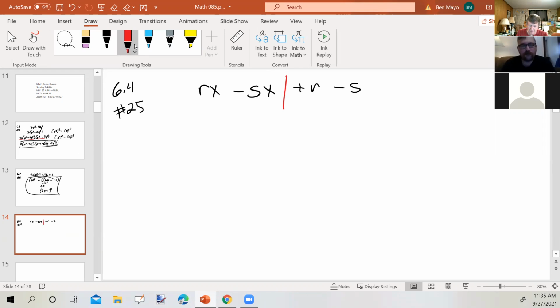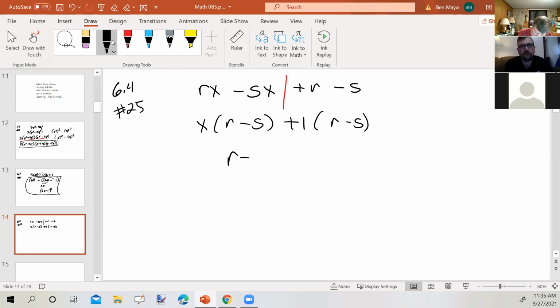So let's see if we can group it the way it is. The greatest common factor of the first two terms is x with a remainder of r minus s. So over here, I would need r minus s, and if I take out a plus 1, that works. So I get r minus s times x plus 1. And there you have it. Okay, any questions there?